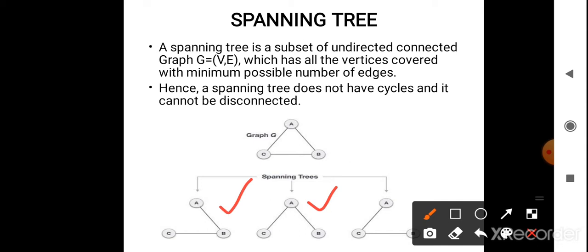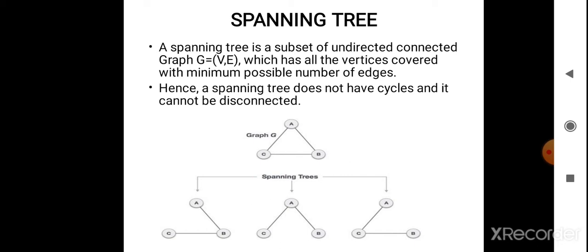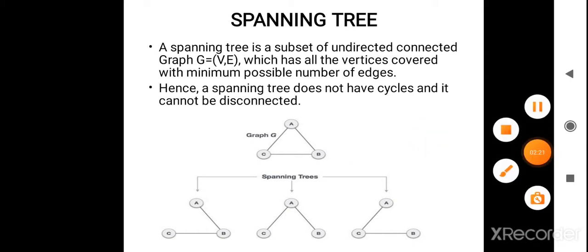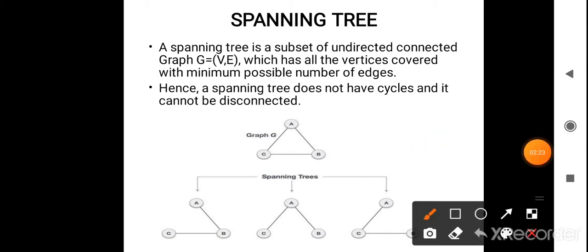But what is the total number of spanning trees possible for a complete graph? Suppose the graph has 6 nodes. If a graph has 6 vertices, what is the total number of spanning trees possible? There is an equation.